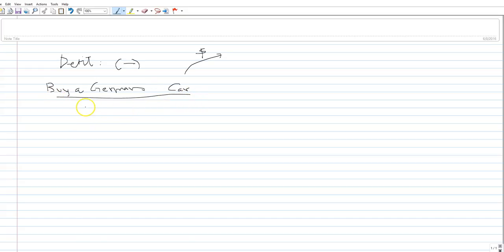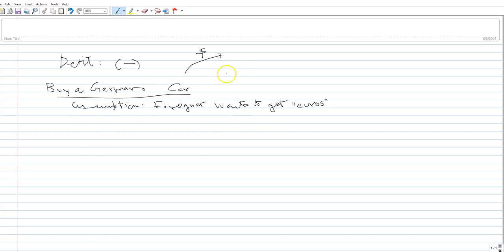So the transaction involves, or the assumption is, a foreigner wants to get, in this case, euros or yen or yuan. It depends on the country that we're talking about.